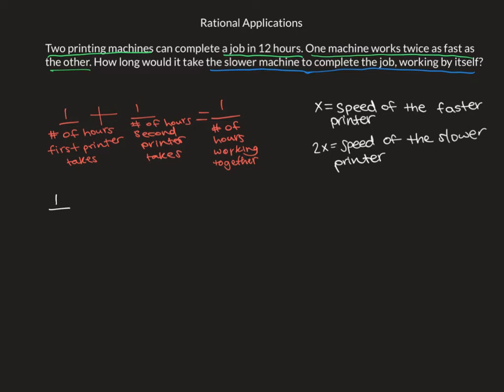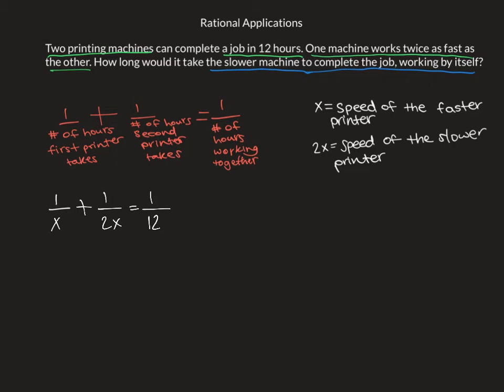Now, from here we can go ahead and plug it in. So 1 over the number of hours the first printer takes, which would be x, plus 1 over 2x, is equal to 1 over 12, since they can complete the job in 12 hours working together.